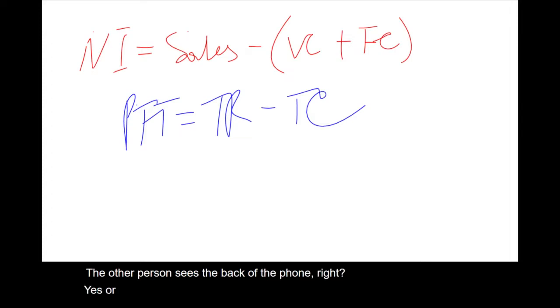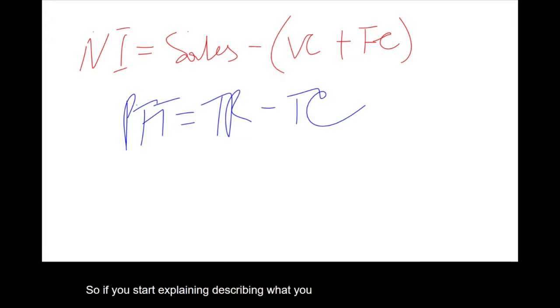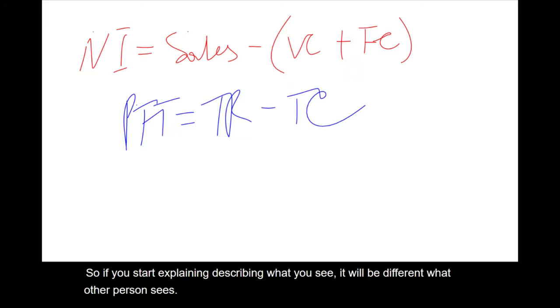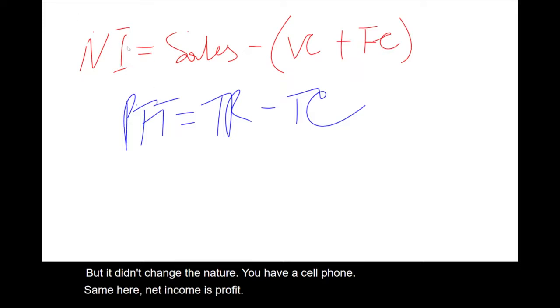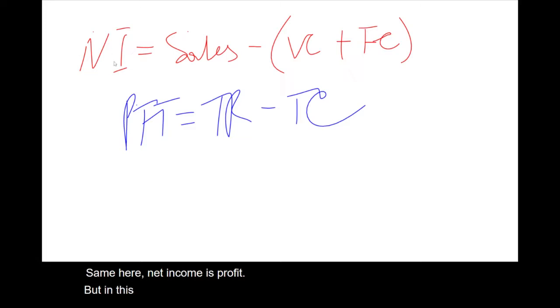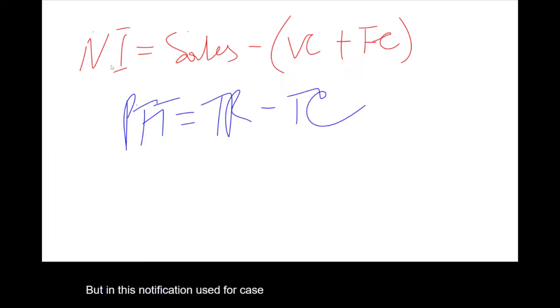So if you start describing what you see, it will be different from what the other person sees. But it didn't change the nature. You have a cell phone. Same here. Net income is profit, but this notation is used for the case where we have no units. That's it. Okay, I see.